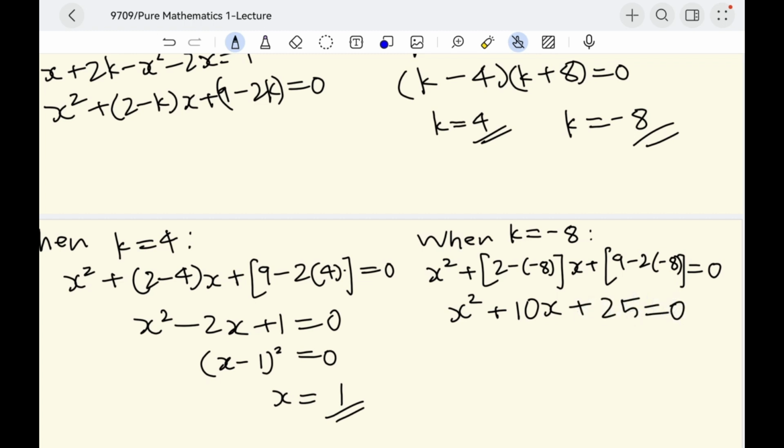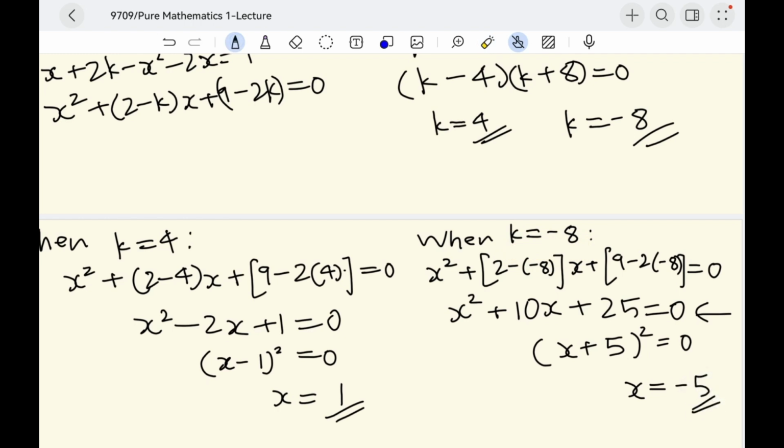So after you factorize, this quadratic equation is also completing the square to factorize. So you will get (x plus 5) squared. Eventually, the solution for the case where k equals 8 is negative 5.